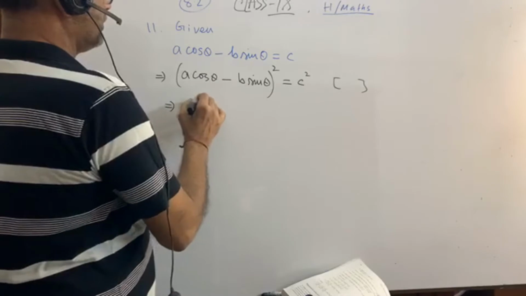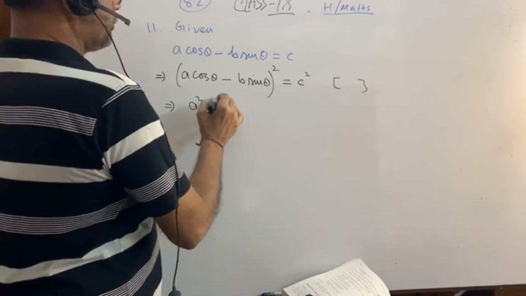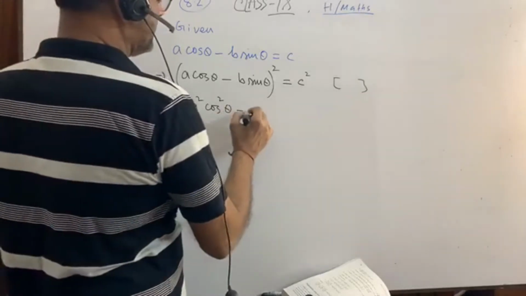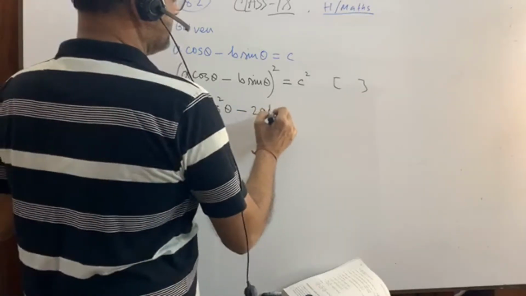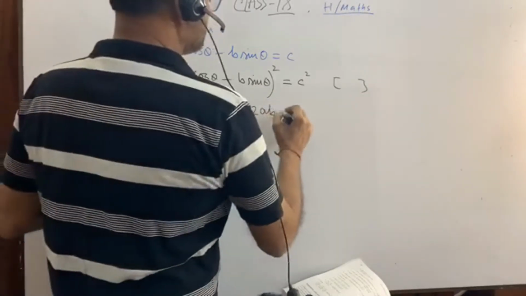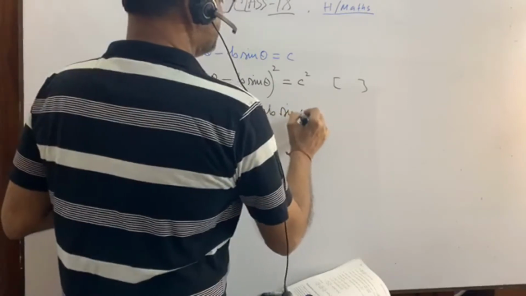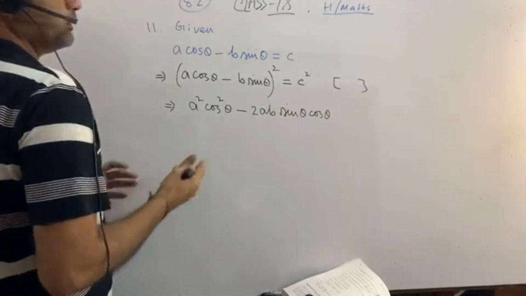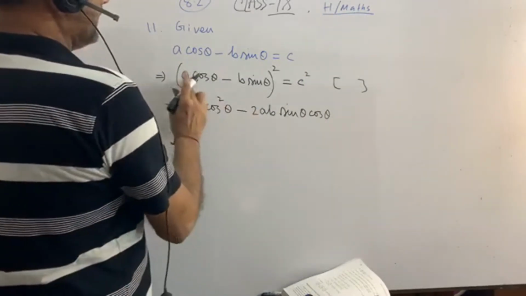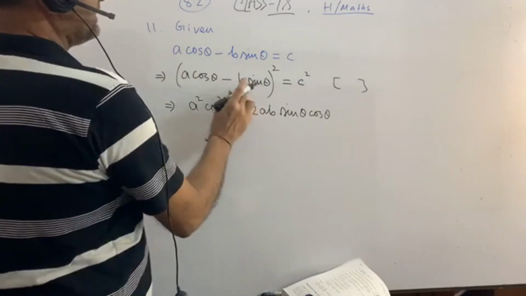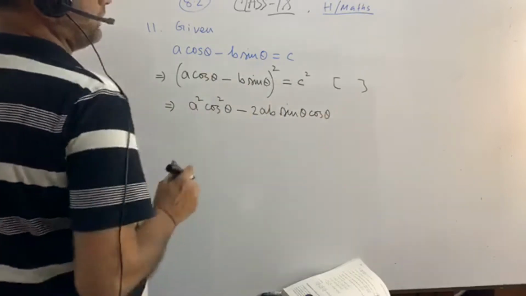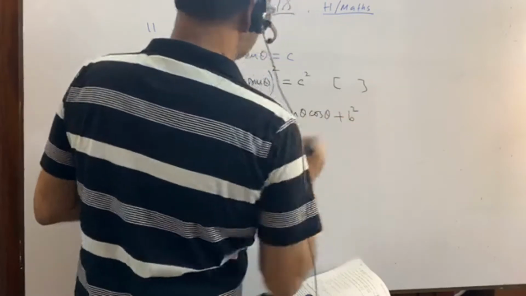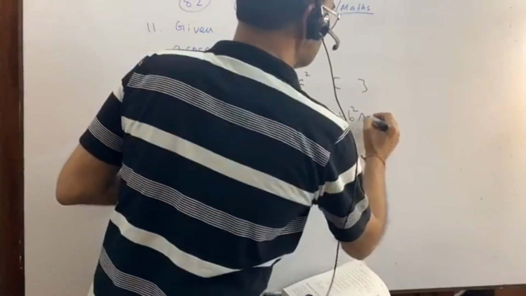It is a square cos square theta, then minus twice ab sin theta cos theta, using the formula 2 into a into b, then plus b square sin square theta.